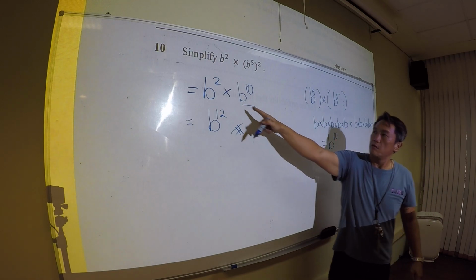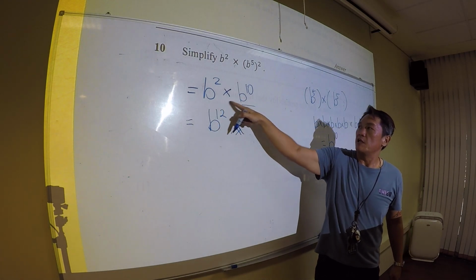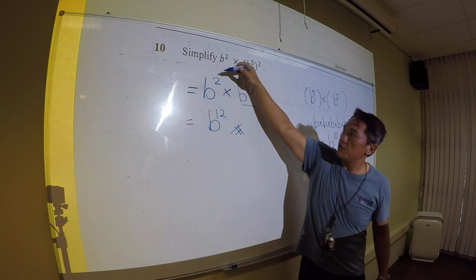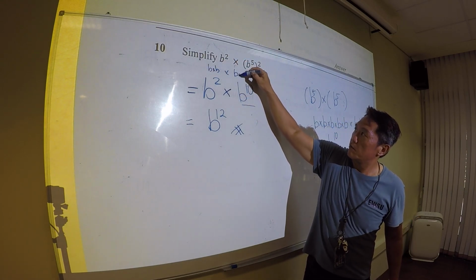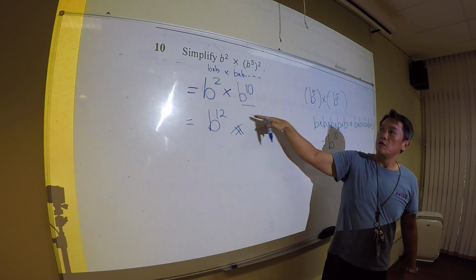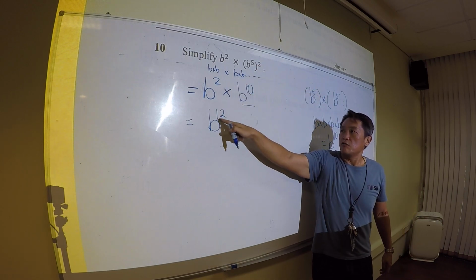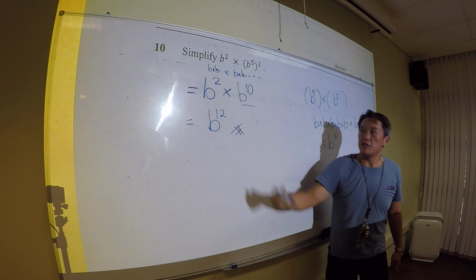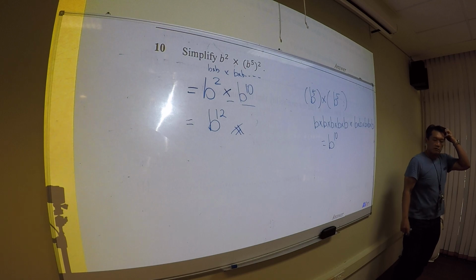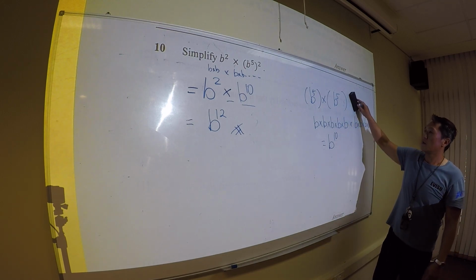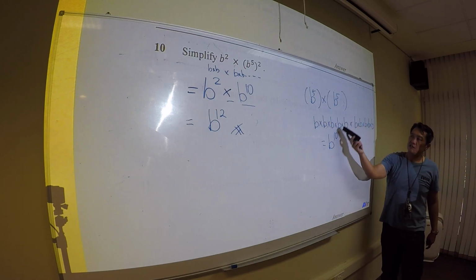That is why when we multiply, we just add up the power. Similarly here, b2 times b10. What it actually means is b times b, then b times b 10 times. So 10 plus another 2, that's why we just add up the power when this is multiplication. If you go to the basic, it is because of this.